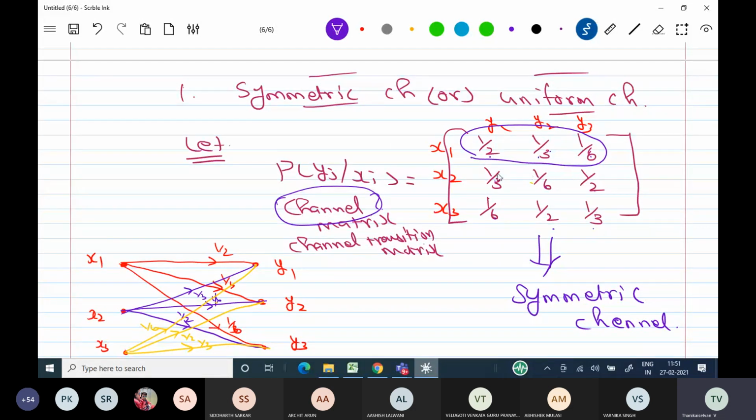What is the property existing here? For conditional probability, the sum of all the elements in each row should be equal to 1.